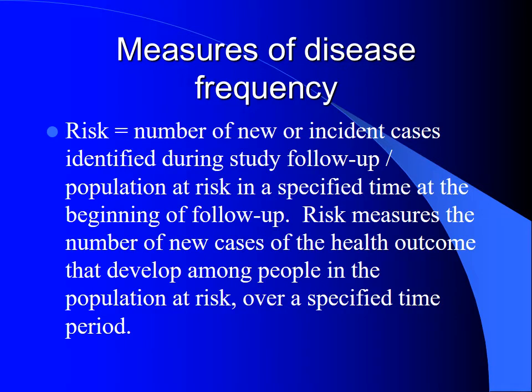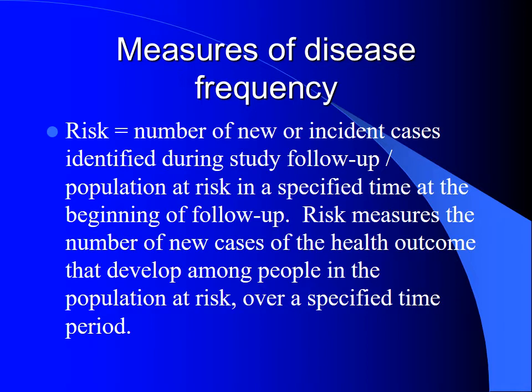Then coming to risk, another measure of disease frequency. For risk, the numerator is only new cases, newly detected cases. That means you require a follow-up of a group of individuals without the disease of interest.